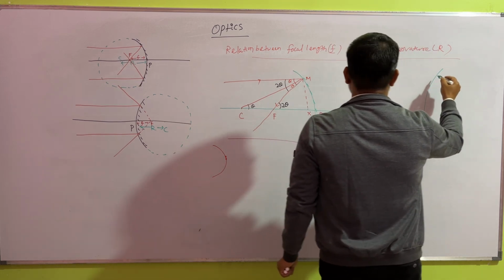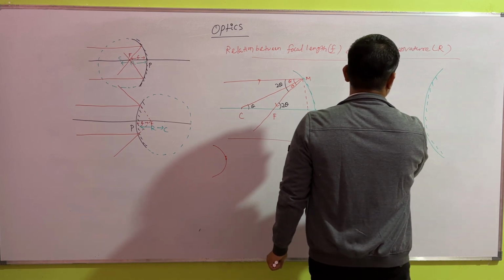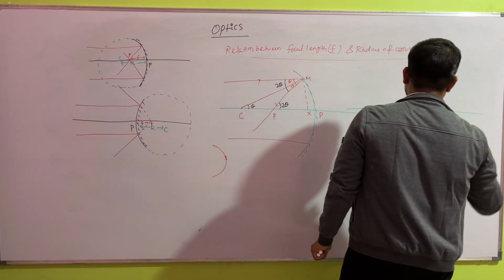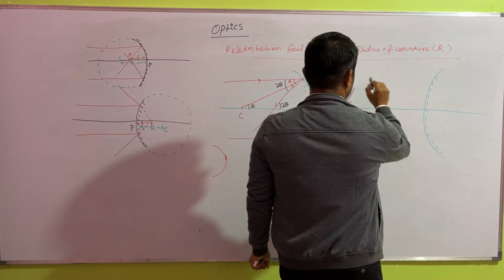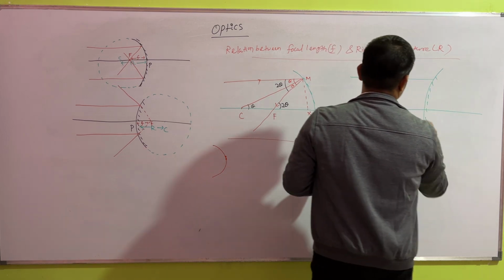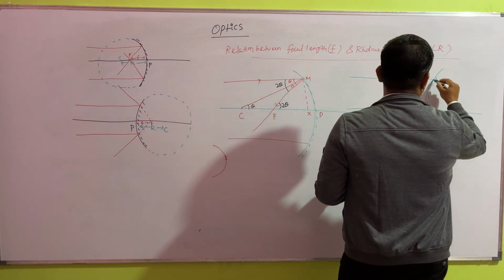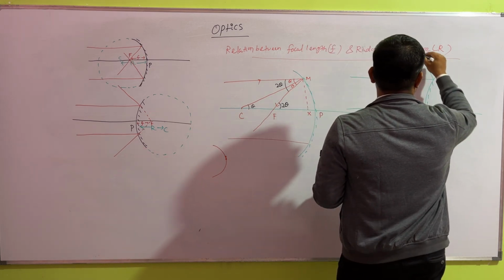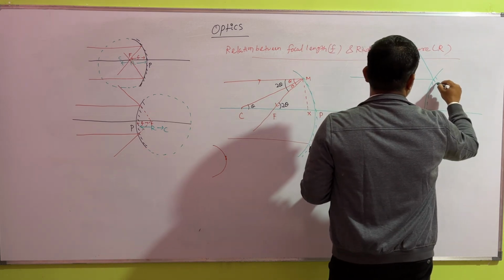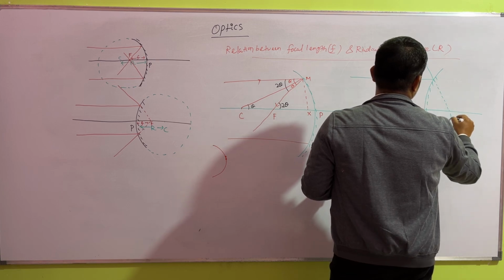This is the convex mirror, this is the principal axis, these are the rays, this is P, and it will get reflected and it appears to pass through the focus.